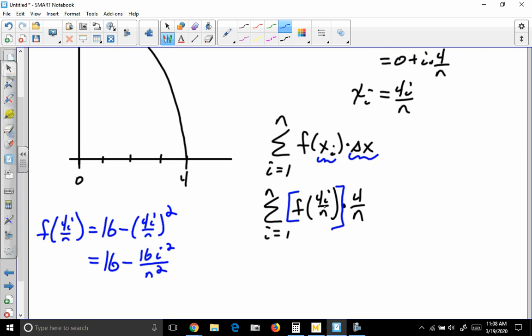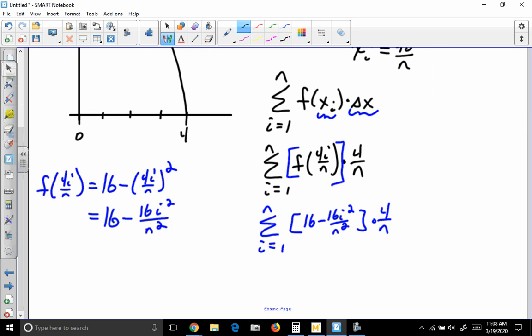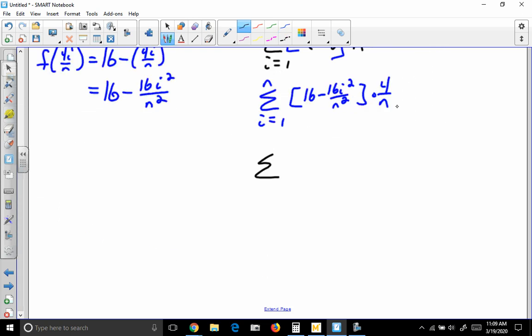So this is what we get for the function part: 16 minus 16i squared over n squared. And we're going to multiply that times 4 over n. So let's distribute that. 16 times 4 over n, that's 64 over n. And 16i squared times 4, that's 64i squared over n squared times n, that's n cubed. And we want to evaluate that sum from 1 to n.